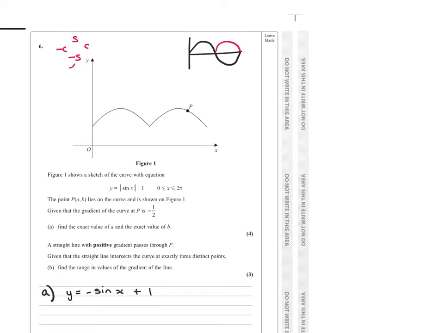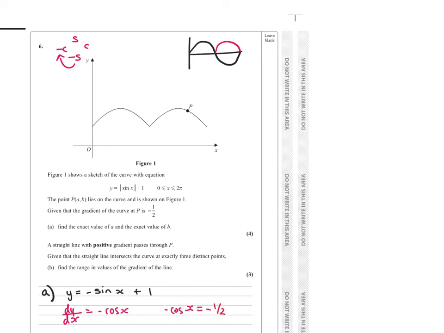If we differentiate minus sine, we do get minus cos. dy by dx is minus cos of x. And then plus 1 differentiates to 0. We know that the gradient equals minus half, so we know that minus cos of x equals negative a half.